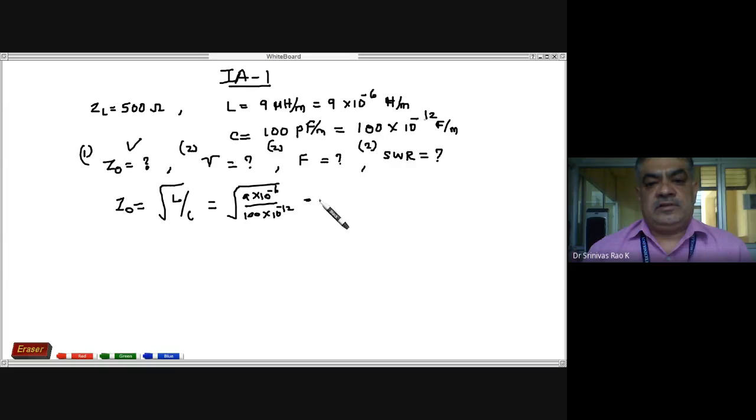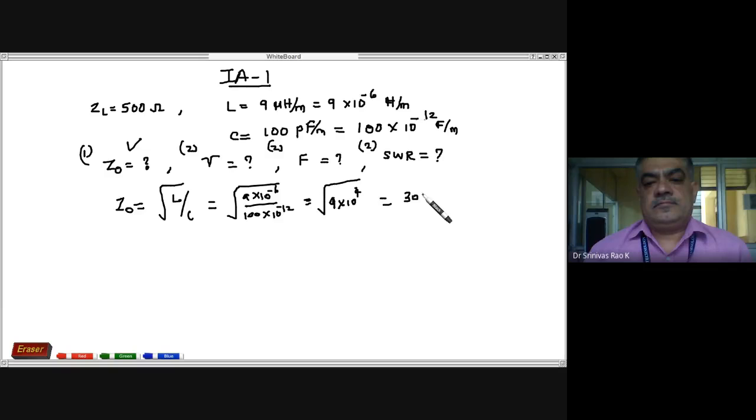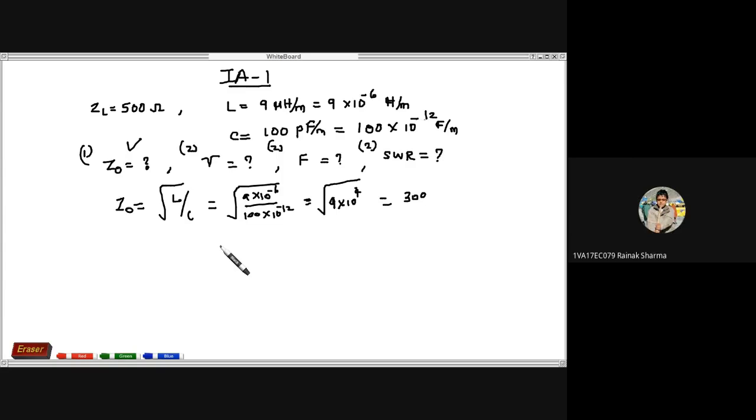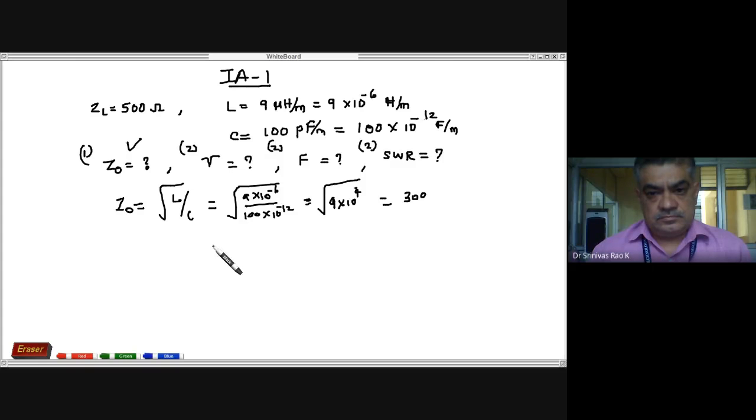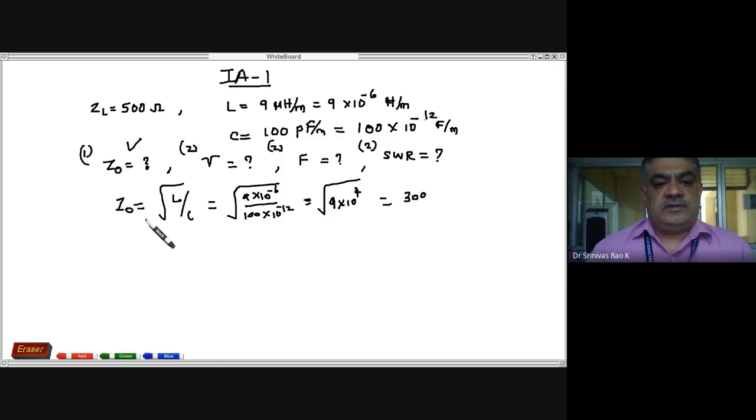What would be the value? 300 ohms. Correct, no? Yes, sir. So we have Z naught as 300 ohms.